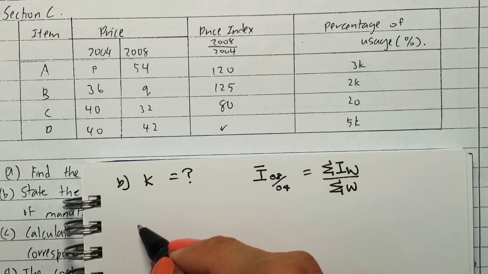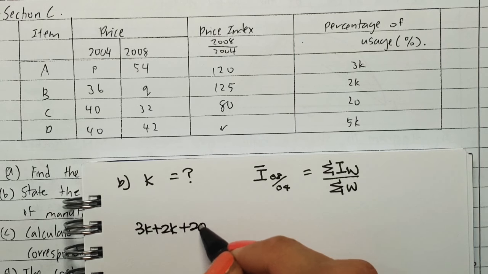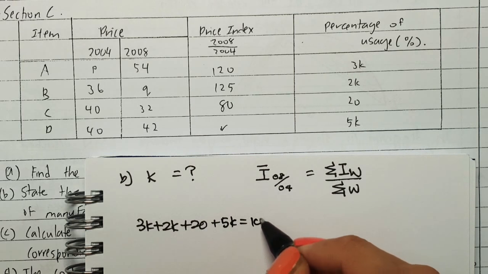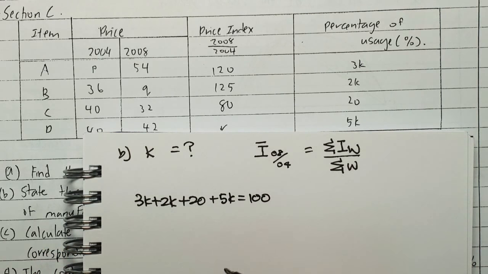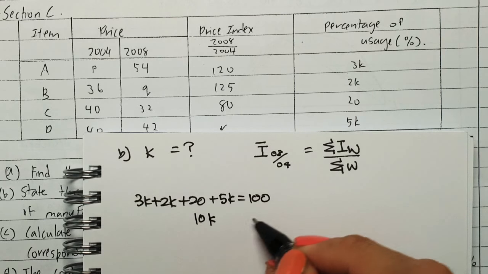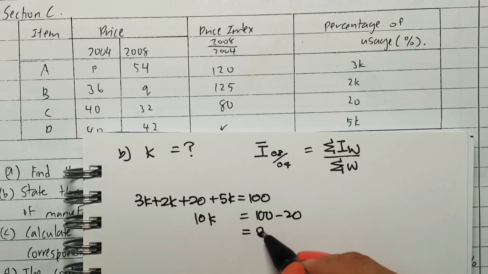So over here, we will have 3K plus 2K plus 20 plus 5K equals 100, because all these are 100%. Next, we have 5K plus 5K, 10K equals 100 minus 20. That is 80.